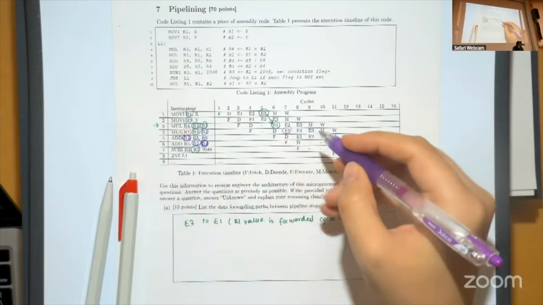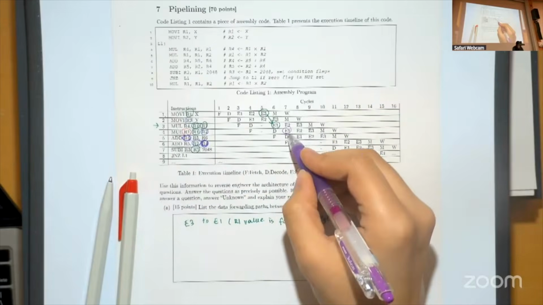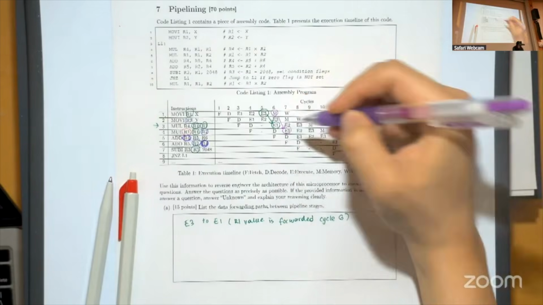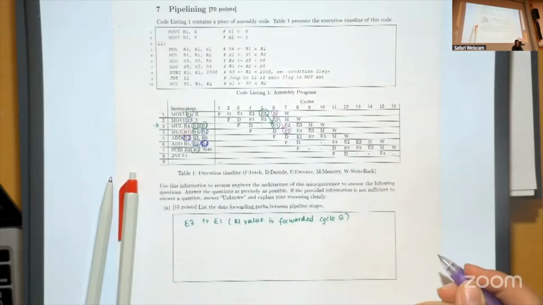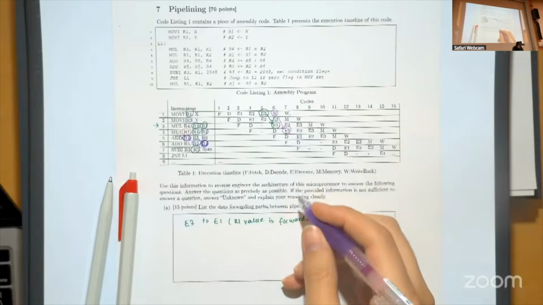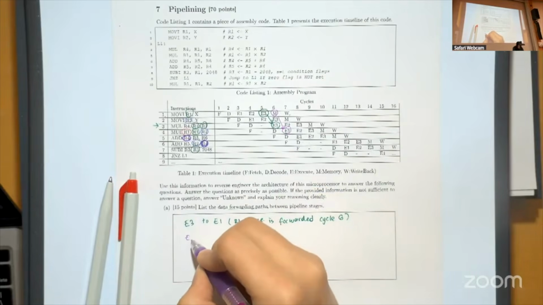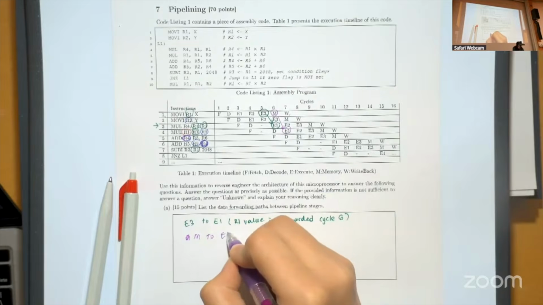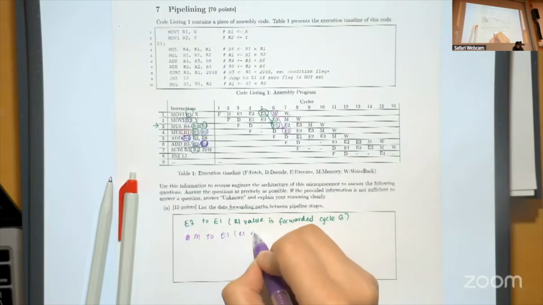This time, the same value is forwarded to E1 from the M stage, memory. So again, we are not waiting for write back to happen. So if you write M to E1, again for the R1 value.